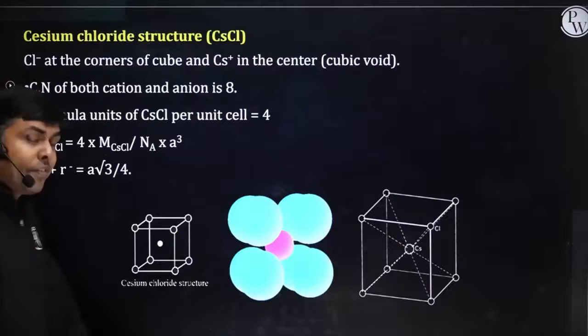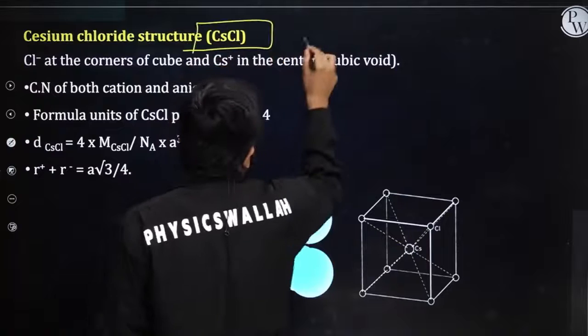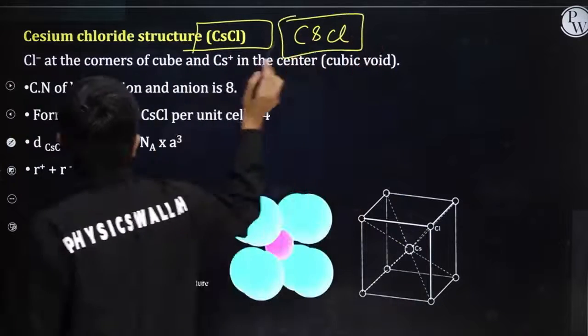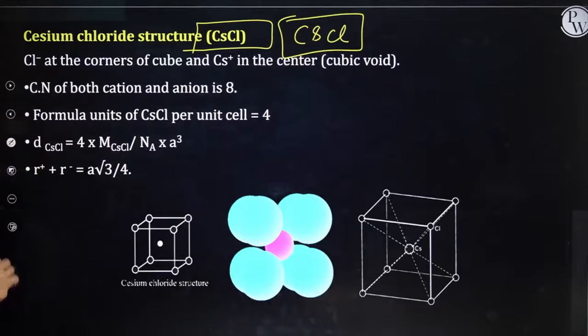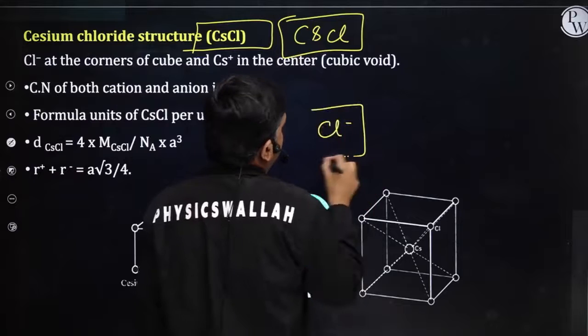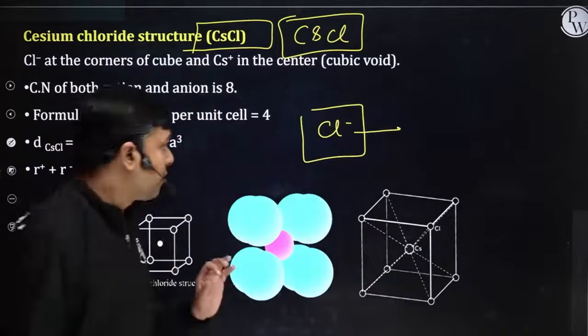The next type of AB structure is Cesium halide structure, CsCl structure. Students, if we look at this particular structure, Cl minus, the anion, is placed in every corner of the cube.